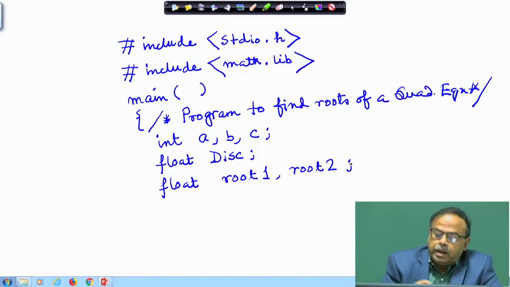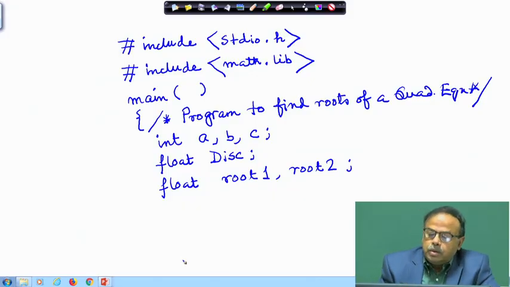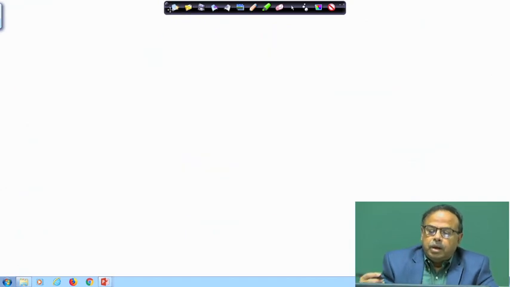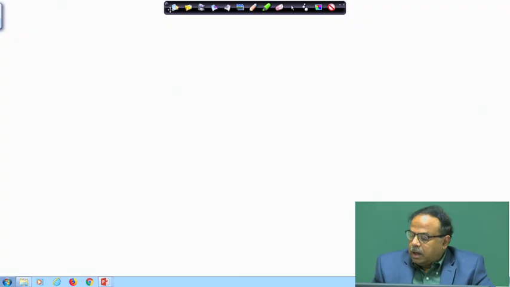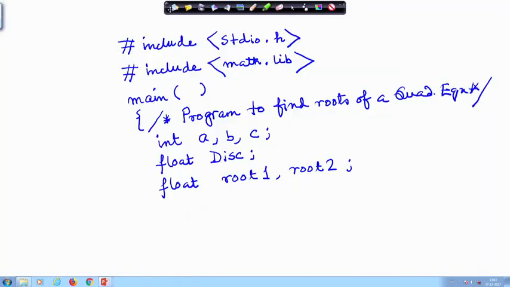Okay. Next, what should I do? Let me proceed to the next page. With these declarations, I hope you have been able to take down these declarations. Now, let us proceed and go to the next page.